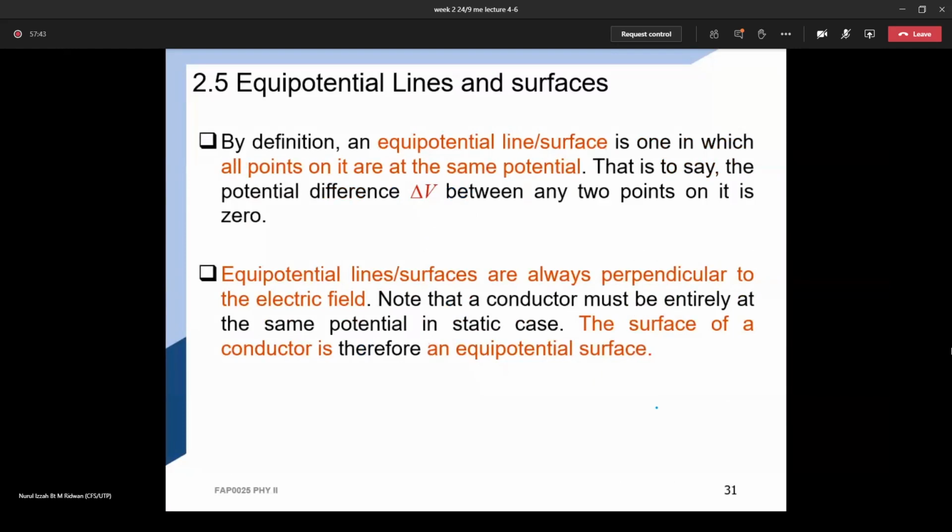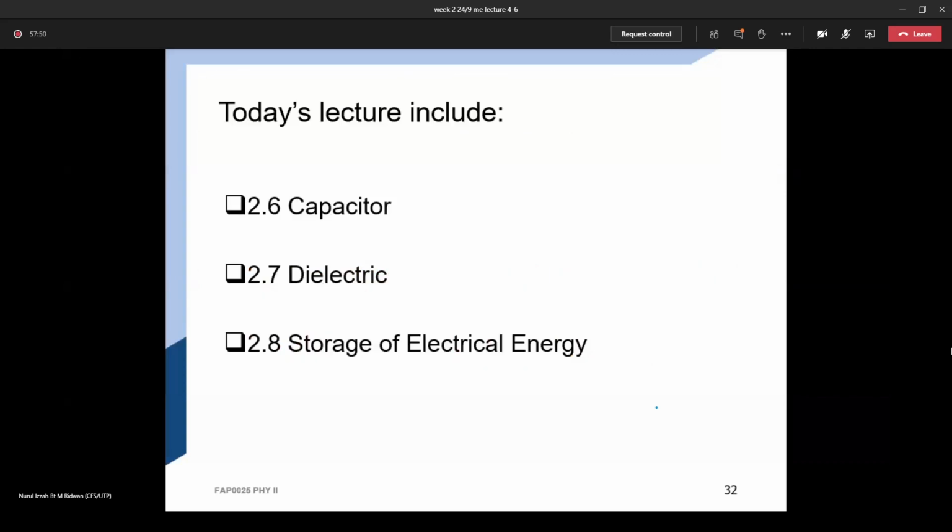So this is the statement coming from the illustration, the figure just now. Now I'm going to introduce you to the capacitor. When we talk about capacitor, it's actually already an application.